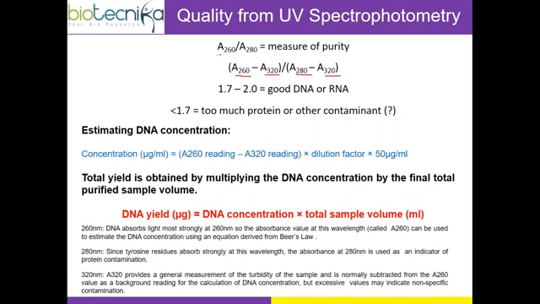So by taking this ratio, if the result is between 1.7 to 2, then the isolated DNA does not contain any protein. That means your isolated DNA or RNA is of good quality. If it is less than 1.7, it means that it is contaminated with protein. So again you will be doing the methods for purifying the protein. Understood or not? Okay.